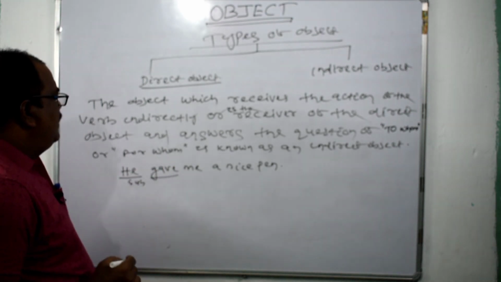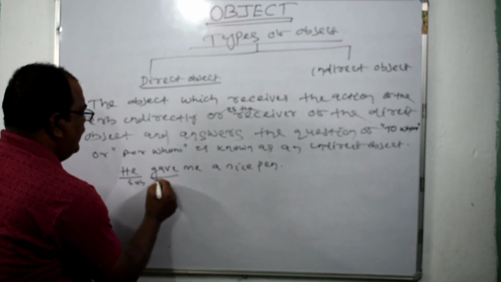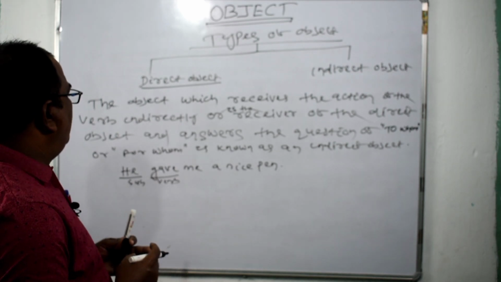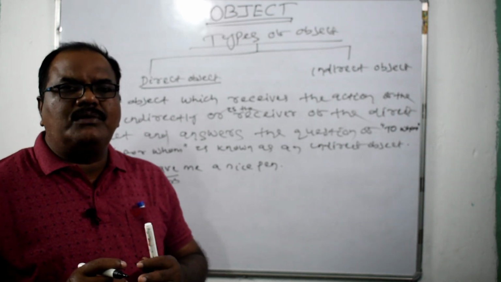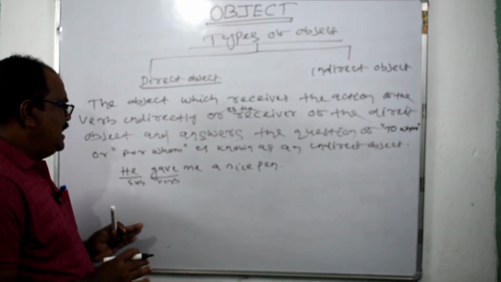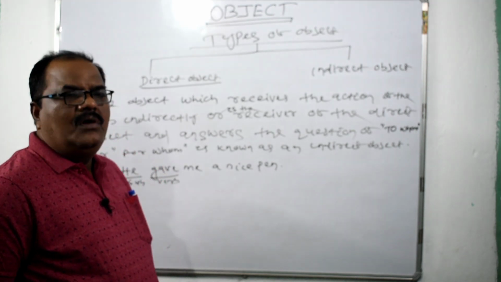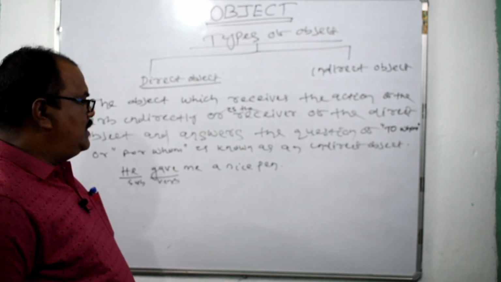Gave is an action word. Therefore, gave is the verb. To find out the indirect object, we have to find out the direct object. An indirect object cannot be used alone. Without the direct object, it cannot be used.